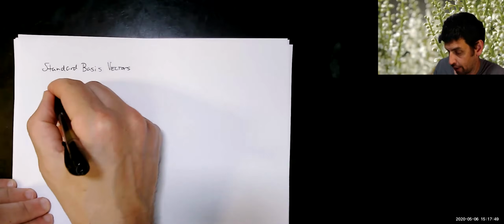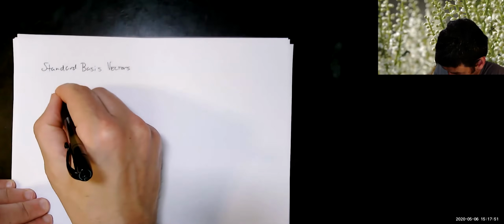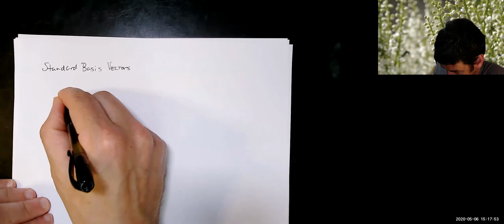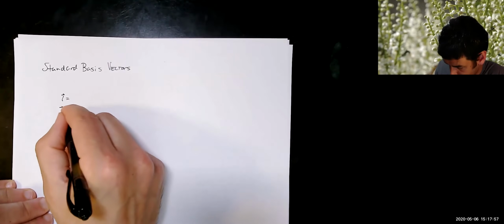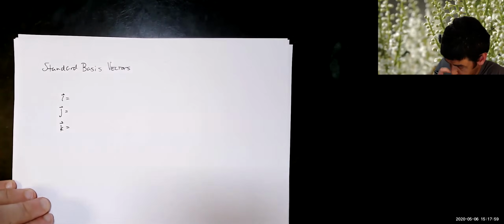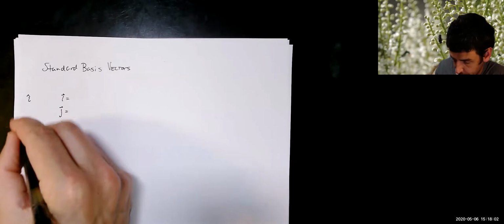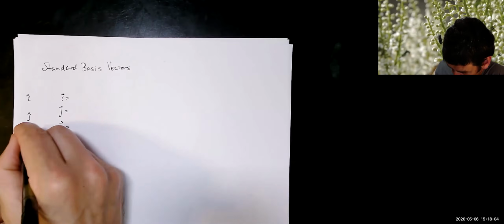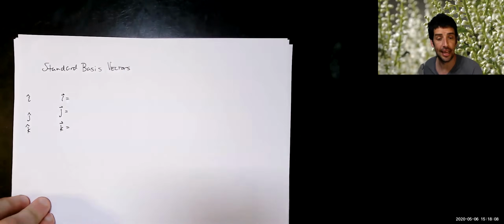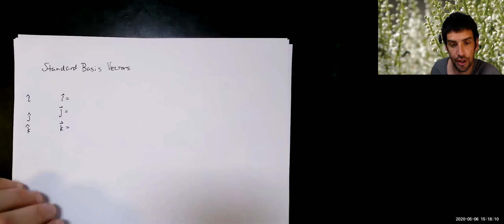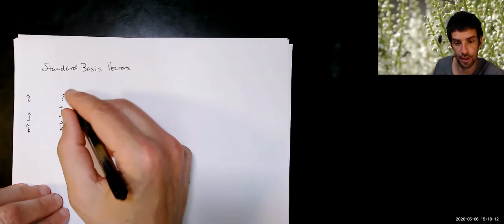We sometimes call them the vector I, the vector J, and the vector K. Sometimes they're written with these little triangular shapes above them, and people call them I hat, J hat, and K hat. I use both. It'll be pretty obvious what we're talking about.